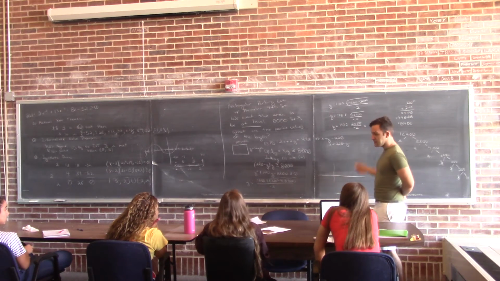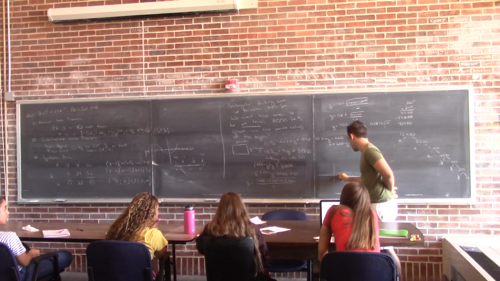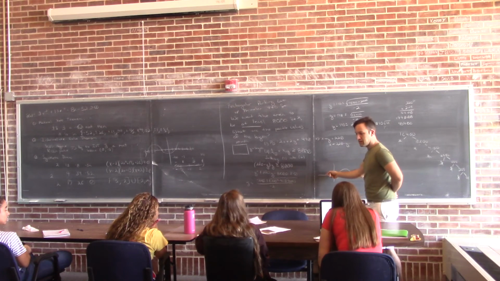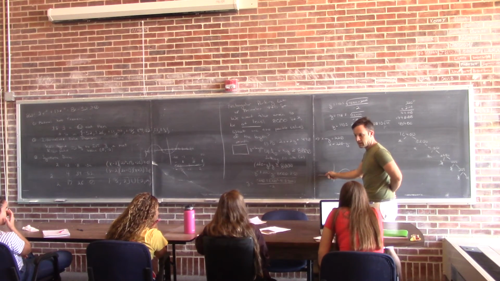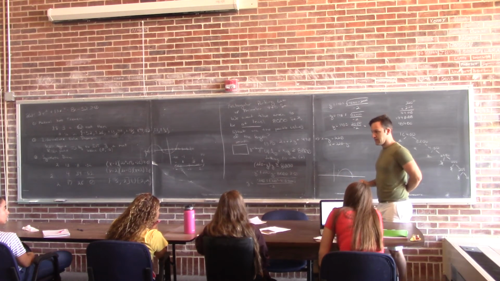And it's got zeros, so we know it looks something like this. The only problem we can run into is these are the 2 zeros we just solved for. One of them could be to the left of 0. That could be a problem. Like, this is one possibility, this is the other possibility.